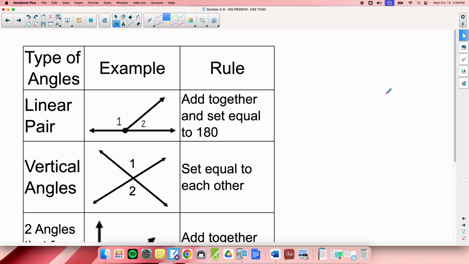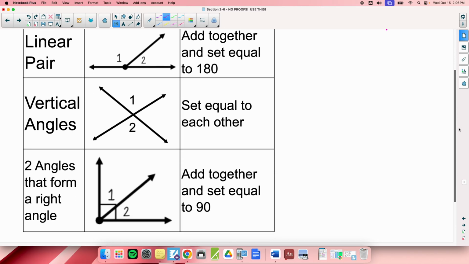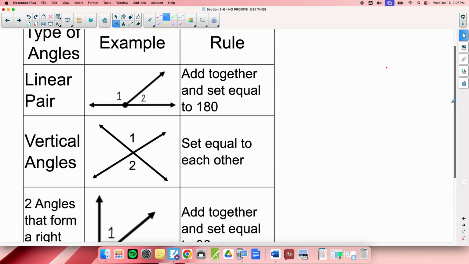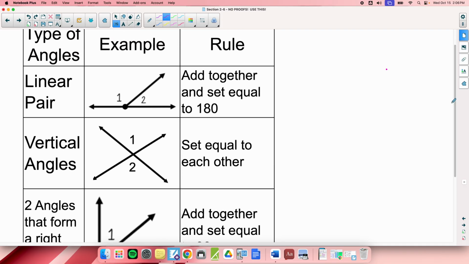I didn't finish your cheat sheet yet for this chapter, but this chart right here is going to be on there. When you are doing this today, that's why I printed this sheet off: if I have a linear pair, which means two angles that form a straight line, I add them together and set equal to 180.